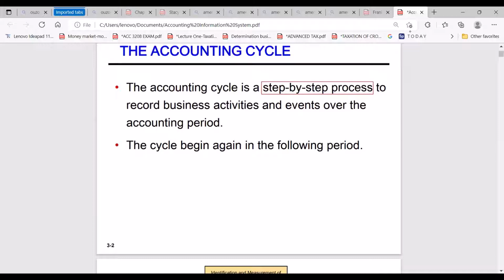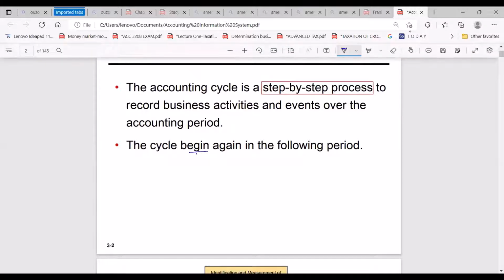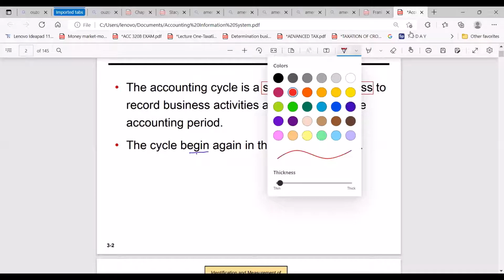That is to mean the steps that the accounting transactions and events will go through until they end in the financial statements at the end of the accounting period. So each and every accounting period has an accounting cycle, which ends when the accounting period ends, and a new accounting cycle begins when the next accounting period begins.